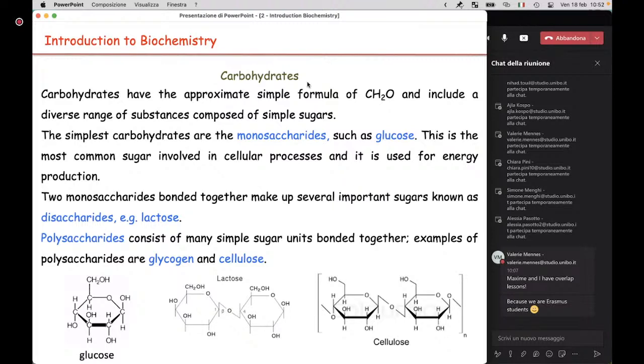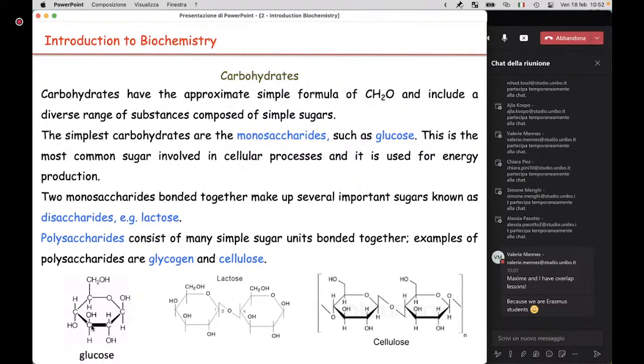Carbohydrates are also called sugars. Just like for proteins we have the amino acids, which are monomers that produce proteins, which are polymers. Here we have monosaccharides, and this is an example, glucose, the most important sugar in our body.